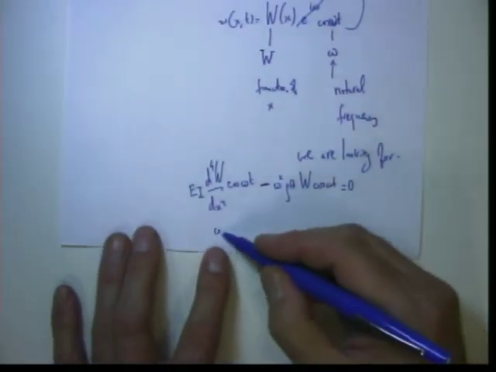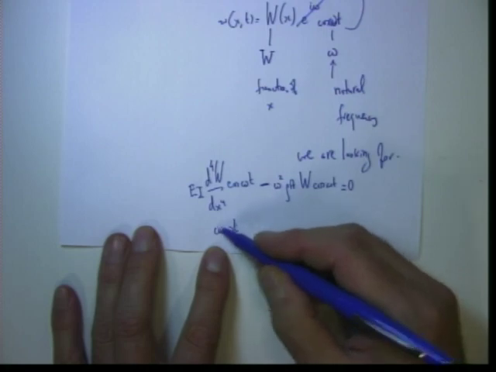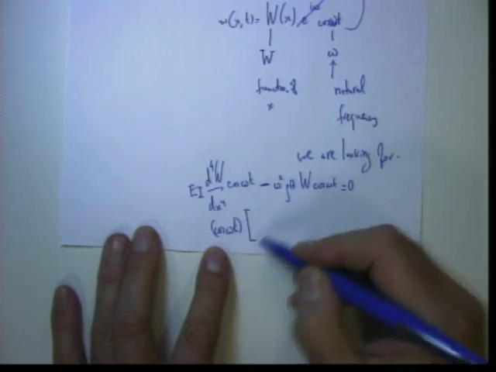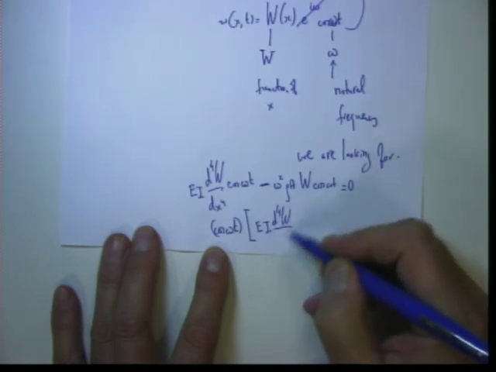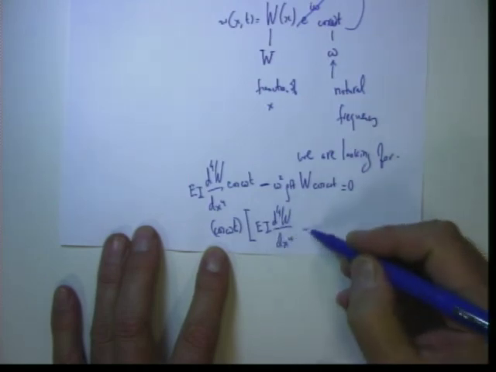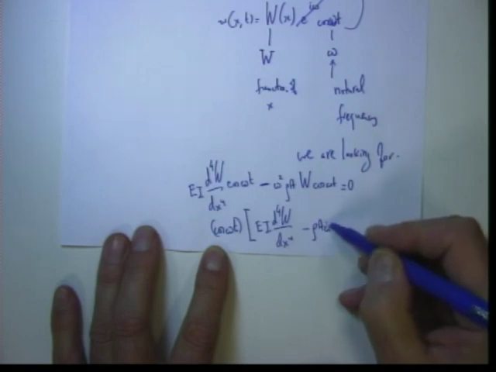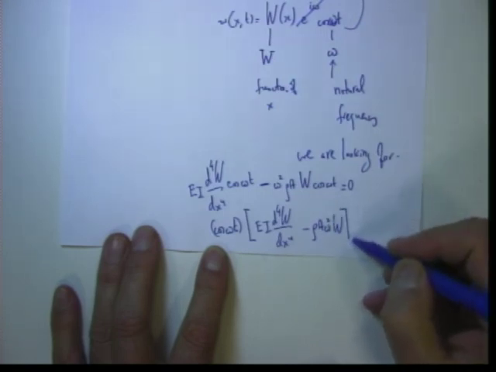We can take cosine omega t outside parentheses, and what is left is EI d4W/dx4 minus rho A omega square W equals 0.